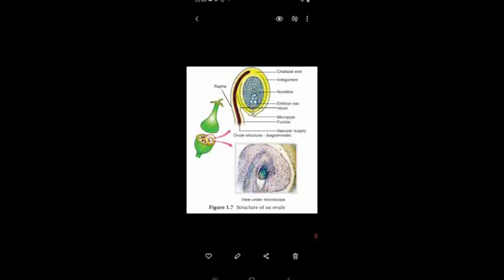At the center, there is the nutritive tissue made up of parenchyma called nucellus, which stores a large amount of reserved food material. Then, the stalk of an ovule is called funicle, where the funicle is attached to the ovule.